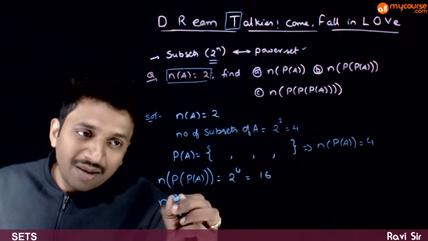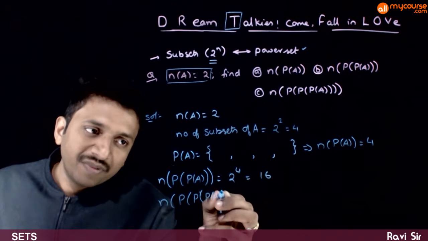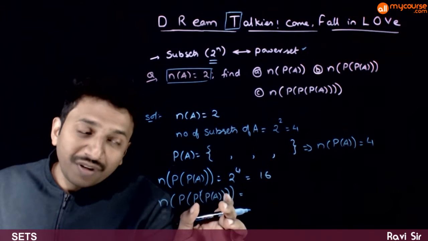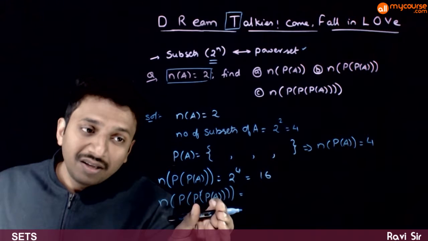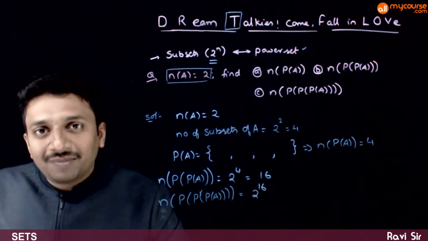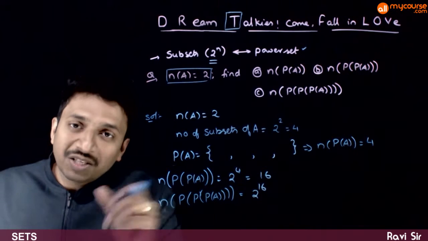Now what is the number of elements of P of P of A? P of A has 16 elements. So how many subsets does this have? 2 power 16. So it contains 2 power 16 elements. I hope you have understood this.